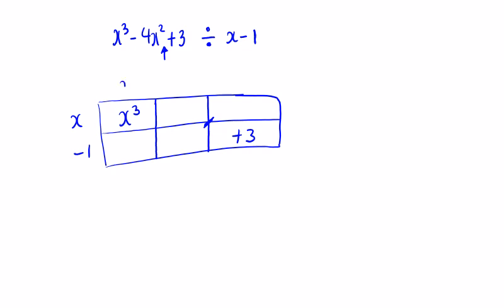Let's go blue. x into x cubed is x squared, and x squared by minus 1 is minus x squared. These 2 boxes make up my x squared. So I'm at minus 1, I need minus 4, so I need another minus 3x squared. Now I say x into 3x squared is minus 3x.